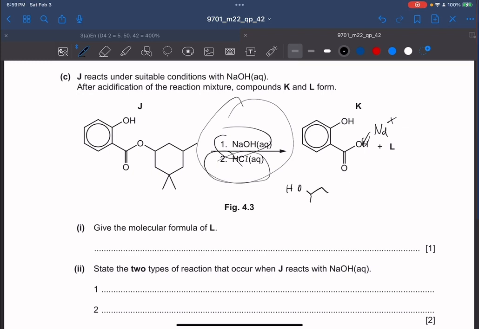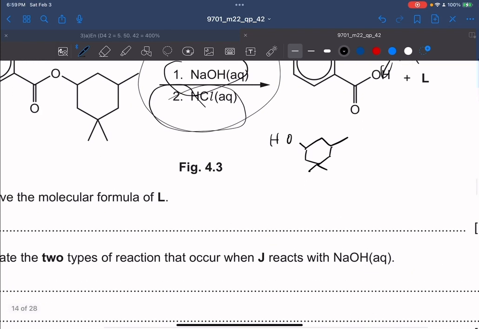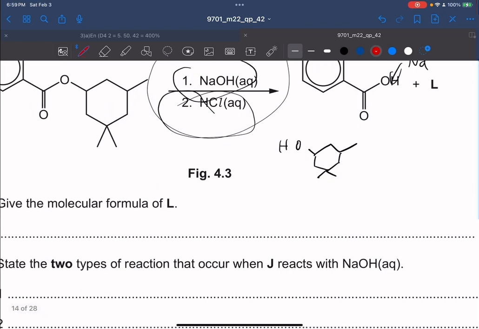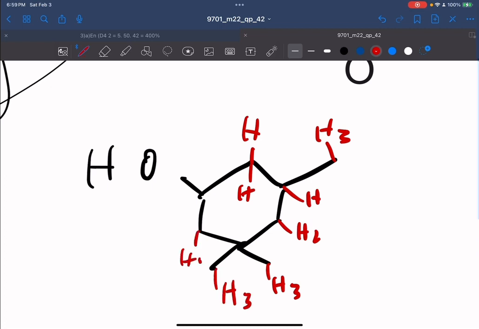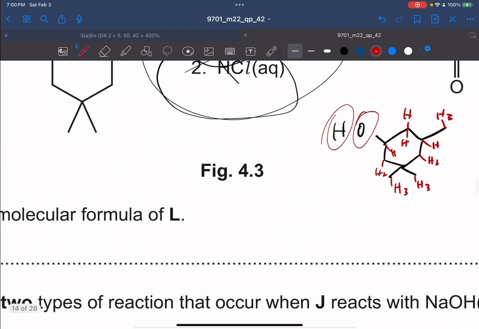So, basically we can count the hydrogens. I think that'd be good. There's going to be 1 here, 2 here, 3 here, 3 here, 2 here, 1 here, 1 here. Almost forgot, 1 oxygen, 6 carbon.